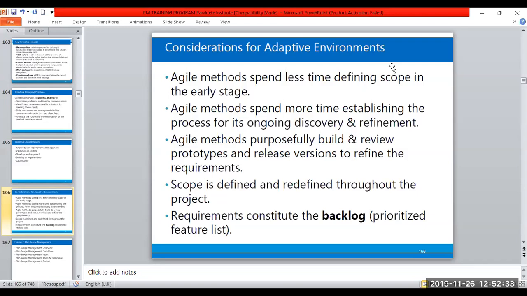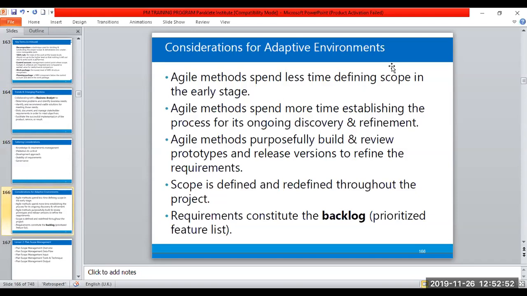Most of the times, projects that are managed through the agile approach, they uncover their details, they develop it in such a way that more details are identified along the way in an iterative approach or manner.